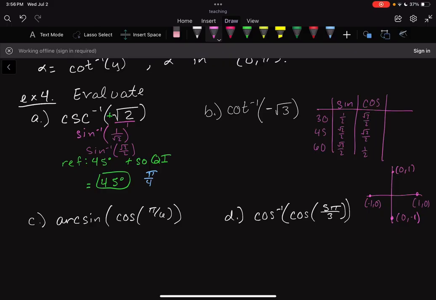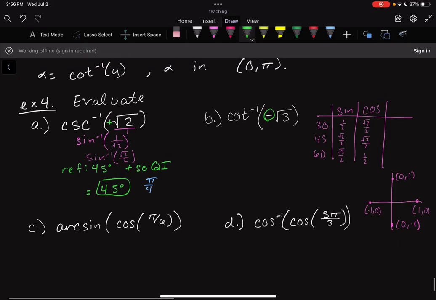Now for my next one, cotangent. So it's negative, so be careful. Cotangent is from 0 to pi. So that's going to be quadrants 1 and 2. Everything's positive in quadrant 1, so it's going to be negative in quadrant 2.